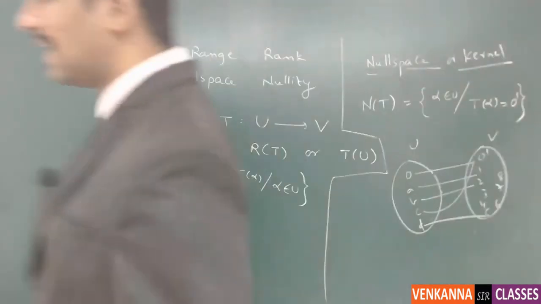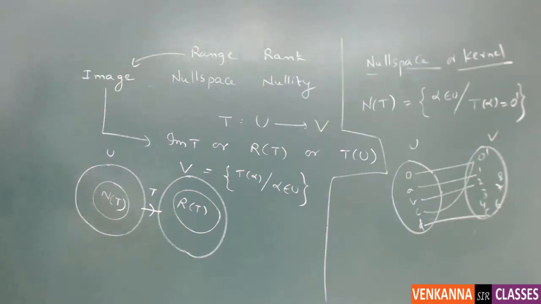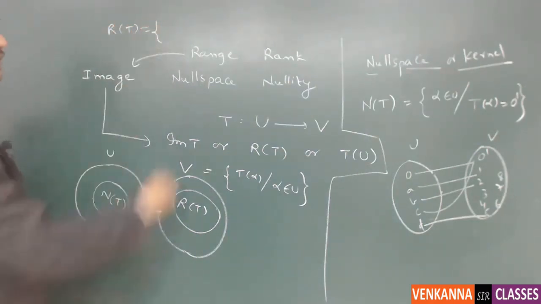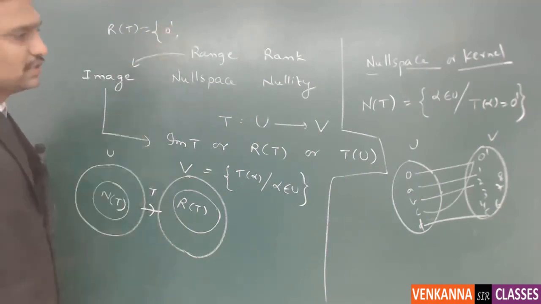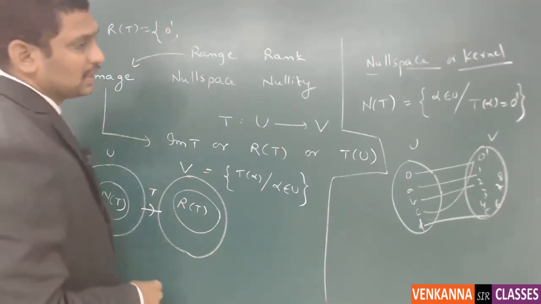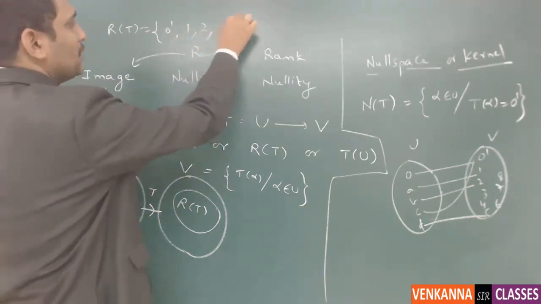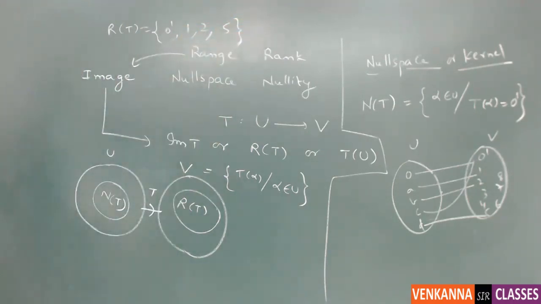So if you consider the range of the transformation, it is nothing but 0 dash, then you have 1, then you have 2, and you have 5. This is R of T. Clear?